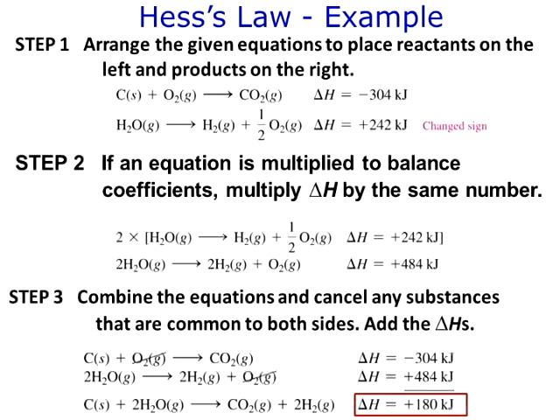All right? Step 2. If an equation is multiplied to balance the coefficients, multiply delta H by the same value. In our standard table, we had the equation given with 1/2 oxygen in it. Now we're going to balance that, which is also why earlier we didn't change it, so that we could evaluate the math step by step.